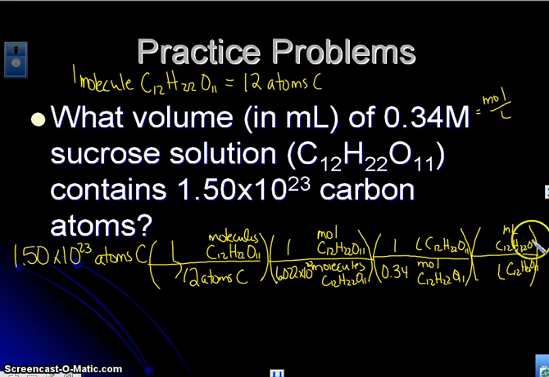Remember that we use our scientific notation with our base unit. Our scientific notation with milli is 1 times 10 to the negative 3. So if you do that, you should get 61 milliliters. Remember, there are only 2 significant figures in your concentration, so that's why you end up with 2 sig figs.